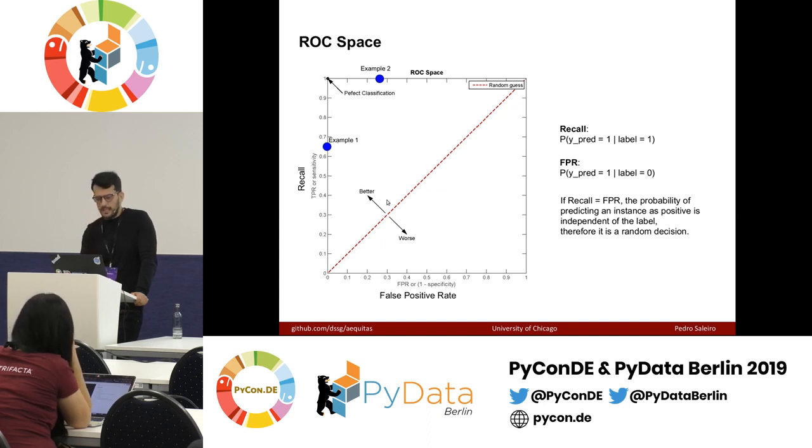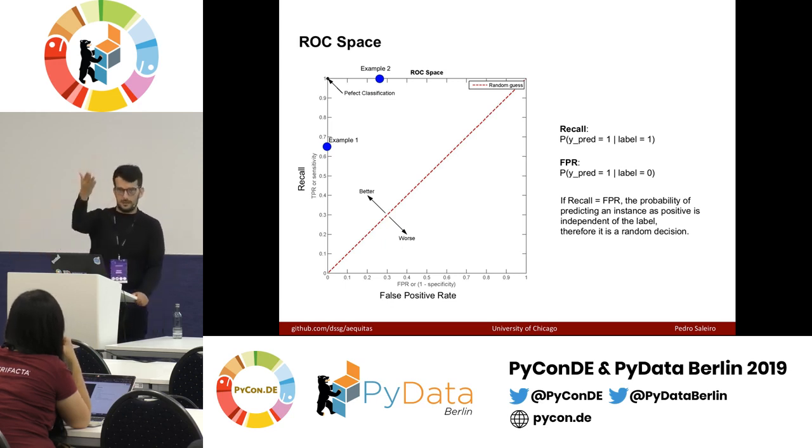And it's also really important to understand the separation line here. On this line, we get recall equal to false positive rate. And why is this important? Because if we define recall in a probabilistic way, it's: given that we have a set of examples whose label is positive, what is the probability of classifying a given instance of the positive examples as positive? And the false positive rate is the same thing, but now conditioned on the negative examples.